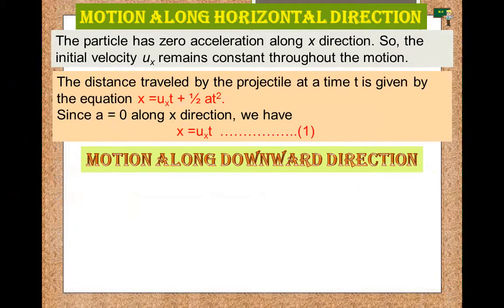Remember, we can apply the kinematic equations along the x direction and y direction separately. Since this is two-dimensional motion, the velocity will have both a horizontal component ux and a vertical component uy.